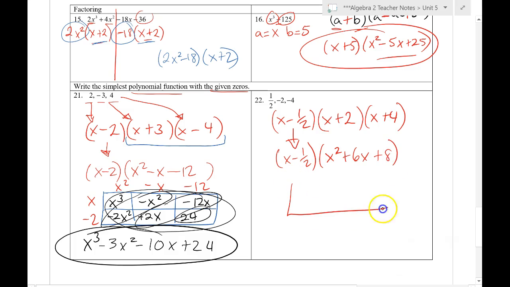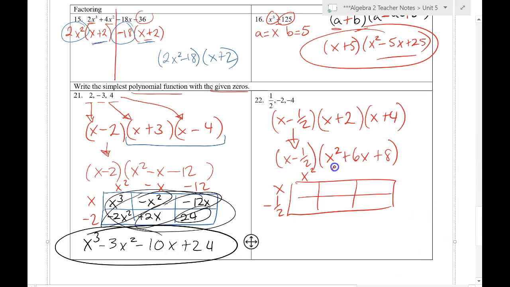Now, let's set up our box. x here, negative 1/2 here, x squared, 6x, and 8. The first box here will be x cubed. Then to the right will be 6x squared. Then we'll have 8x.